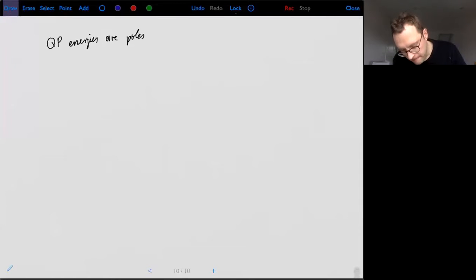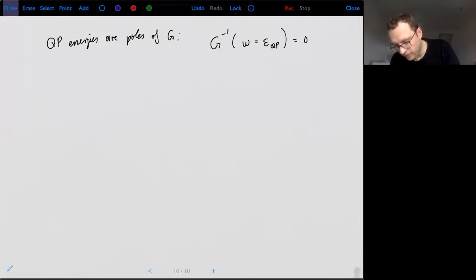So in other words, the quasi-particle energies are the poles of G, and that means that we can find the quasi-particle energies by searching for the zeros of the inverse of the interacting Green's function.